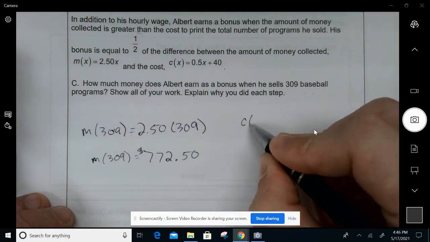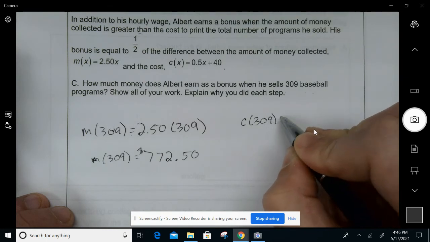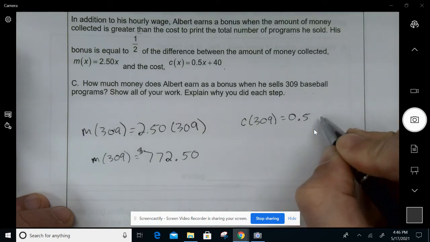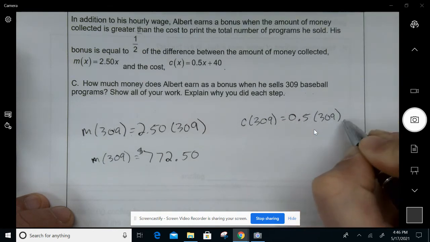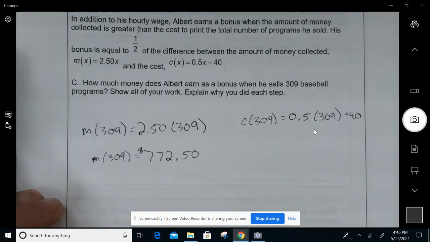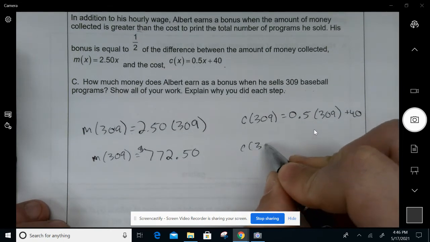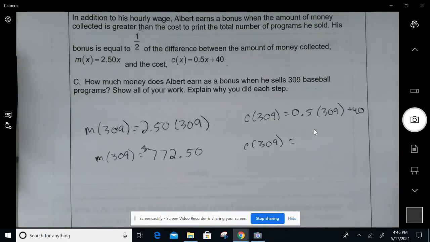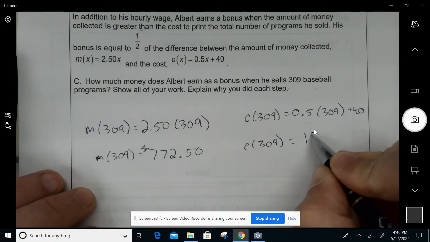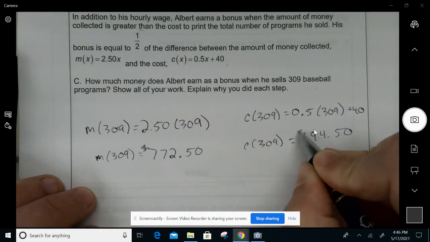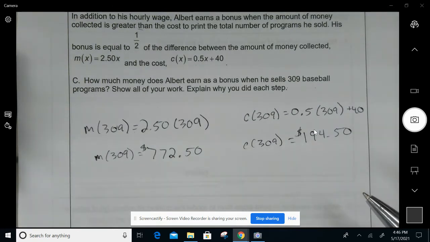And then how much does it cost to print up 309 programs? All right, I'm just going to do this all in one step. So 309 times 1/2 and then plus 40 is 194. Wow. So they made $700 and it only cost them almost $200 to print.